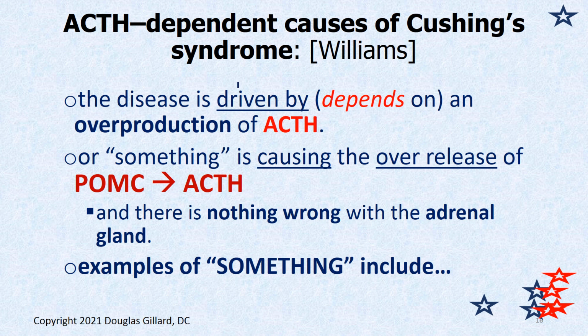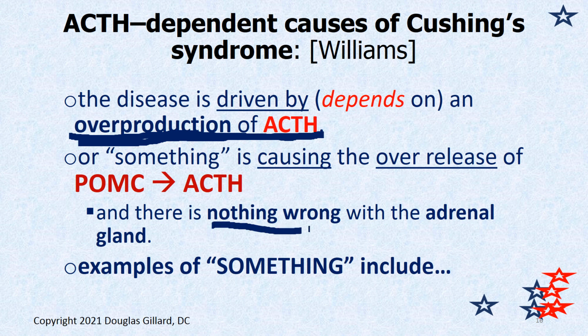This means that the disease is driven by, or depends on, an overproduction of ACTH. That's the problem, an overproduction of ACTH. So something is way overstimulating POMC, the conversion of POMC to ACTH. Maybe it's, we'll look and see what it is. But yeah, that's the deal.